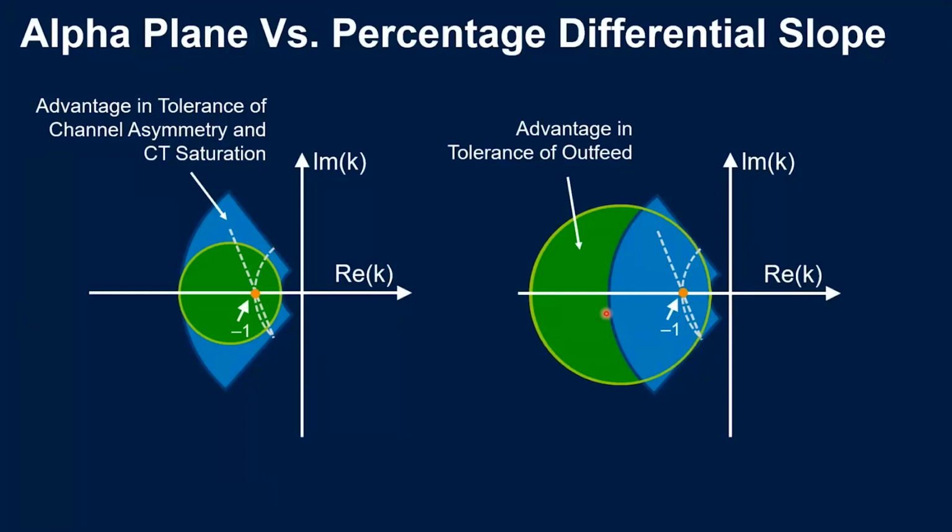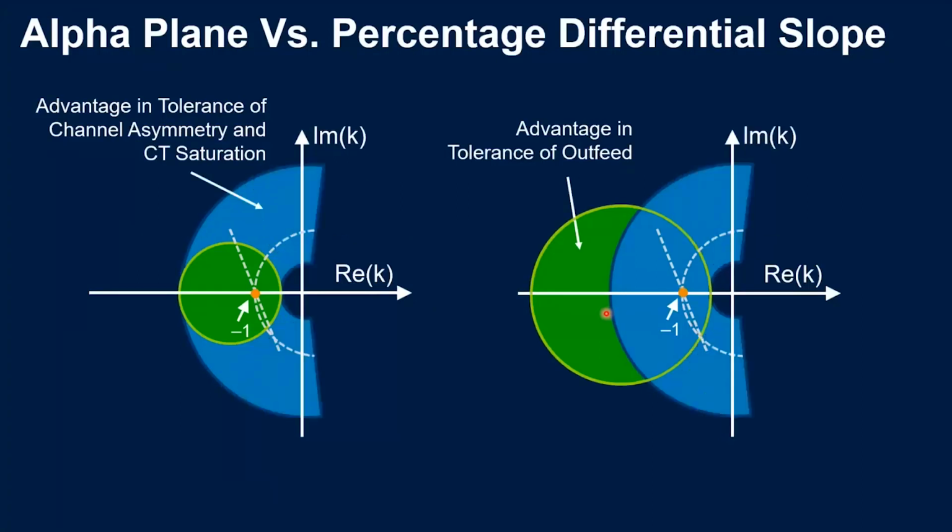So let's take it one step further. Let's assume we expect high synchronization errors from our communication system. So the alpha plane characteristic would be something like this, just increasing the angle of the characteristic. Okay.